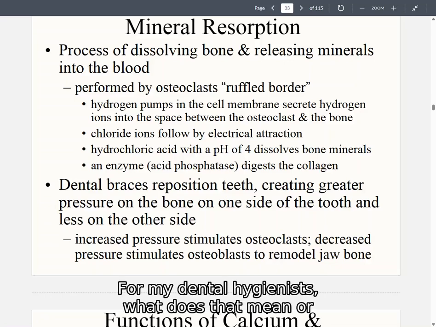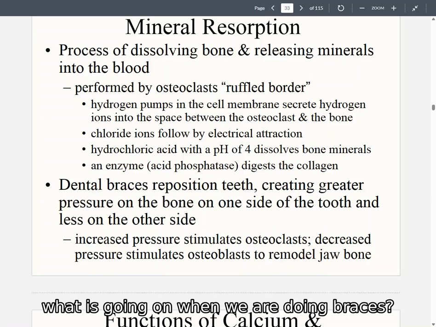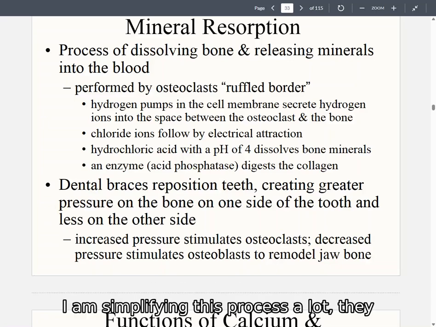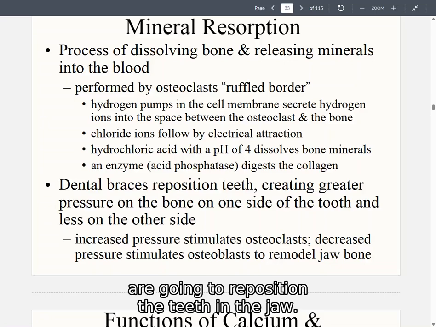Now, for my dental hygienists, what's going on when we're doing braces? So dental braces, in a tiny little nutshell, and I am simplifying this process a lot, reposition the teeth in the jaw.